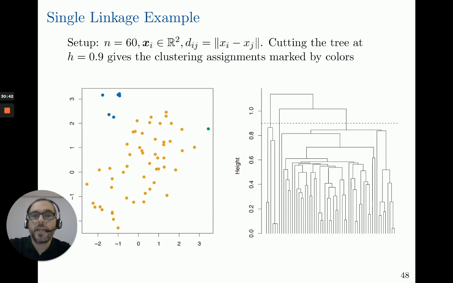So we have here a setup with 6 observations, 2 attributes. The distance measure is the Euclidean distance, so cutting the tree at h equal 0.9 gives the cluster assignment by the colors. What's h equal 0.9?